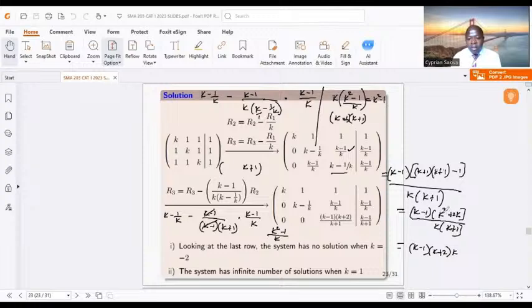So k will go here k times and go here 2 times. Then the denominator we have is k into k plus 1. So this k will cancel with this, and then you are left with this. That's how I arrived at that.